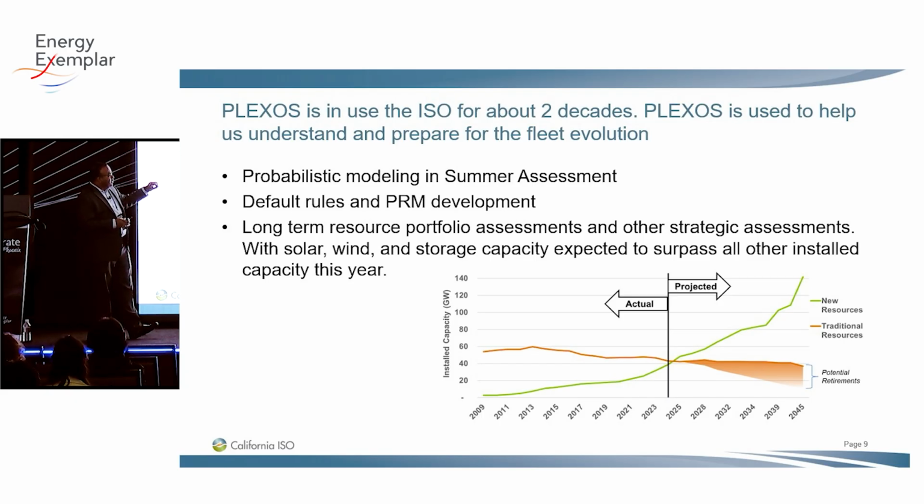So when you have more of those kinds of resources, it comes with a different set of performance characteristics, availability, and attributes. So we're trying to assess, does the system have the right kind of attributes available for every hour in the day throughout the year to ensure reliability. Our lens is more of the reliability lens, while we rely on our regulatory partners like the Public Utilities Commission and the Energy Commission for various inputs that go into the modeling framework.